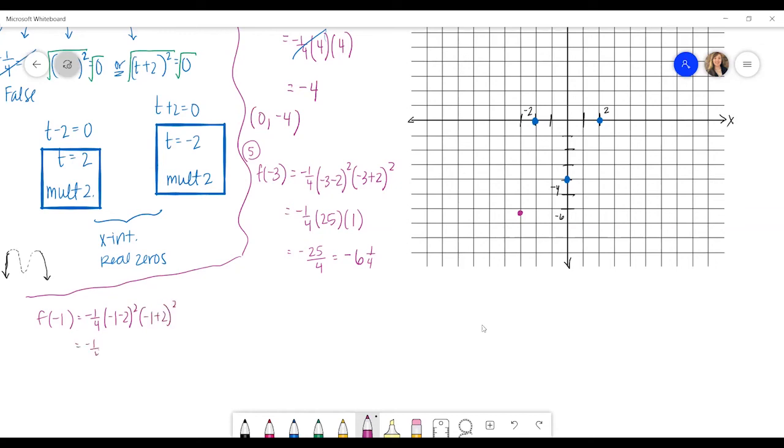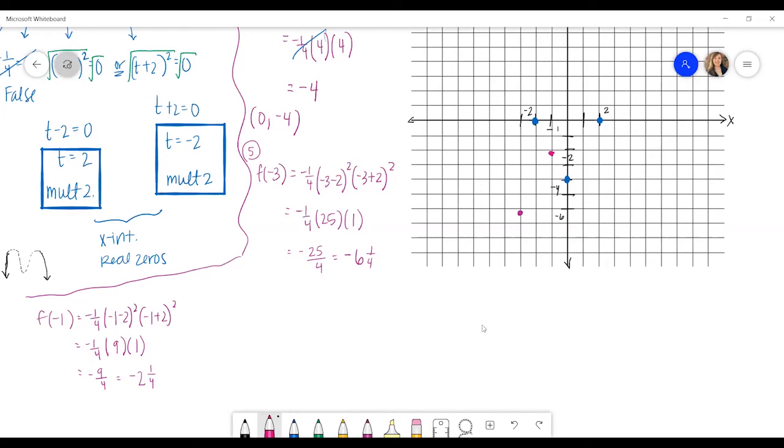So -1/4, this would be -3 squared, so that's 9, and this would be 1 squared, which is just 1. So that's -9/4. And that, as a mixed number, is -2.25. So -1, and 1/4 would put it just over. You'd be right about there.